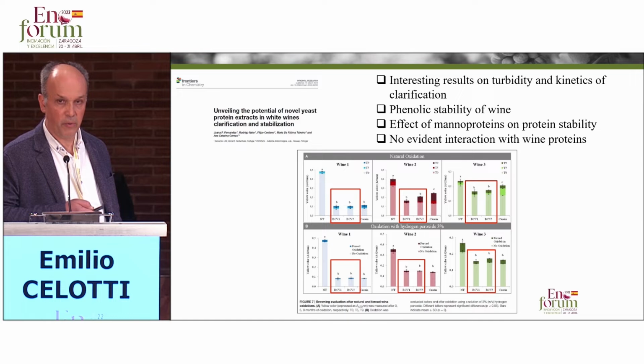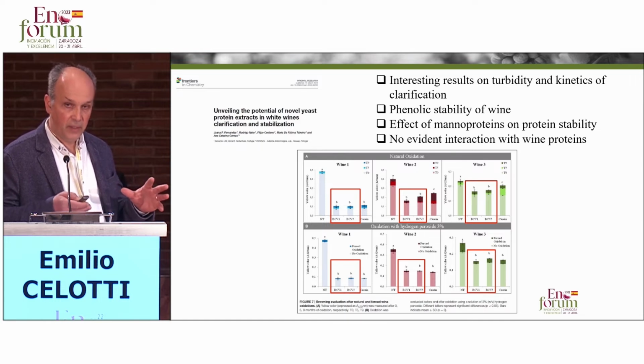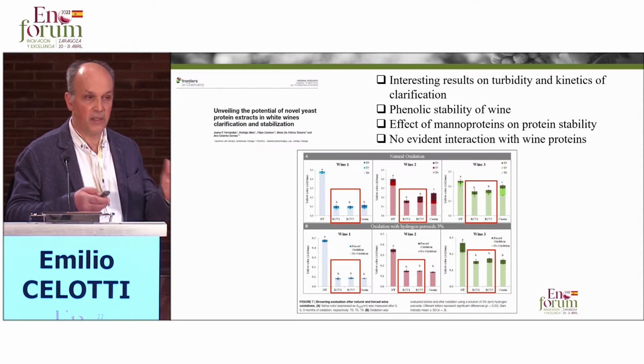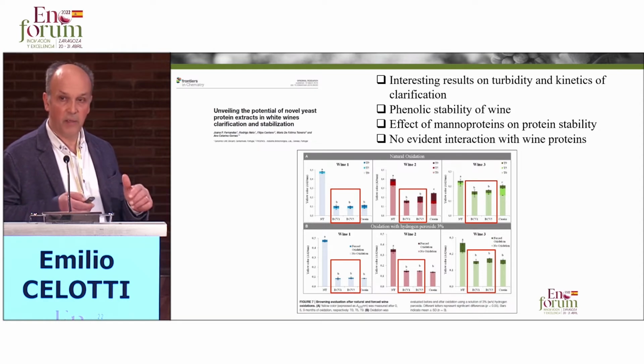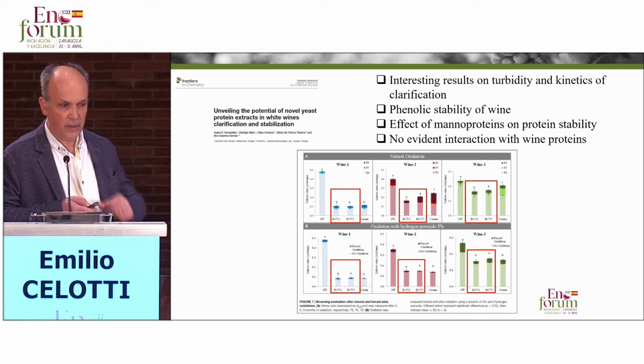Other differences compared to the use of gelatin, with the same authors, are interesting effects on protection against oxidation. If we study these effects in the laboratory, this is one thing, but if I want to use it in the winery, I have to pay attention to the rest of aspects and elements.